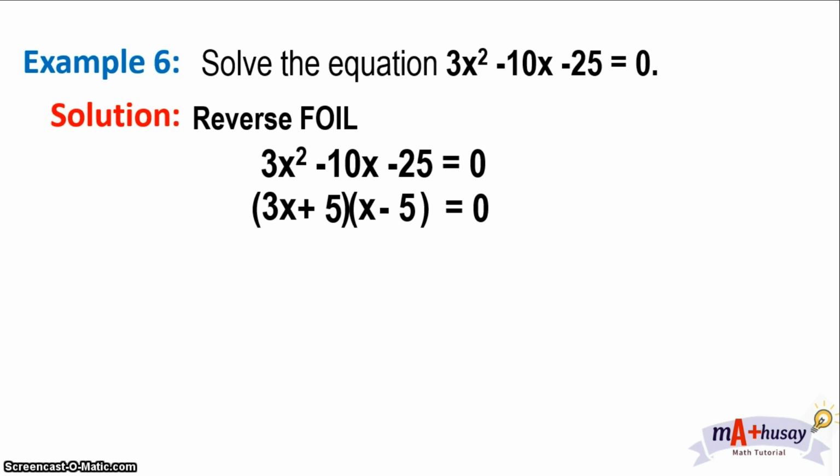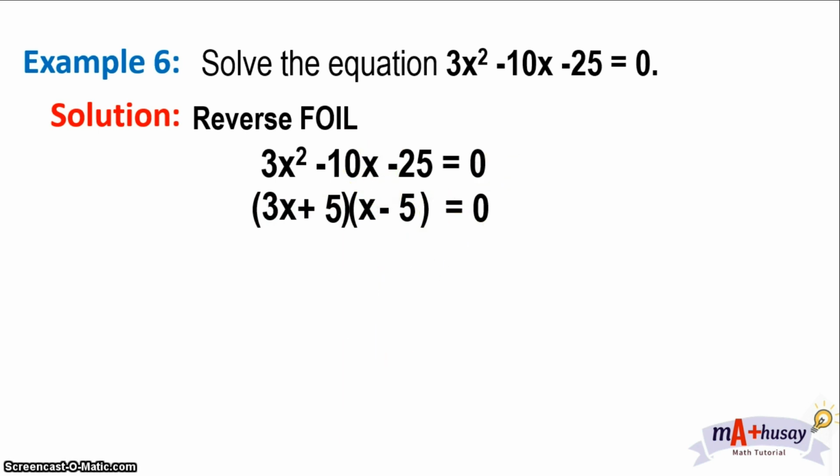So, yung concern na lang natin is the middle term. So, let's check. 5 times x is 5x. 3x times the negative 5 is negative 15x. So, when you combine that, you will have negative 10x. That's why we pick positive 5 and negative 5.